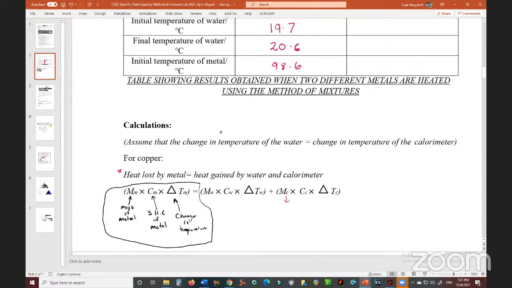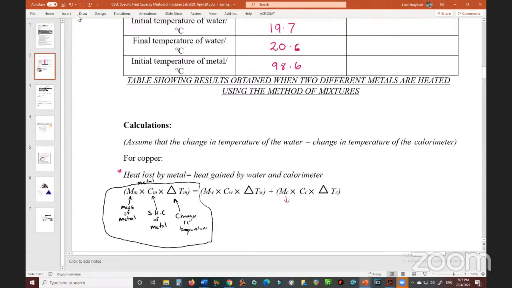So what this is saying is that we need to use this formula for each of the substances we have in the lab. All of this is for the metal. Not only was the metal heated, but the water was heated. So the W here stands for water.